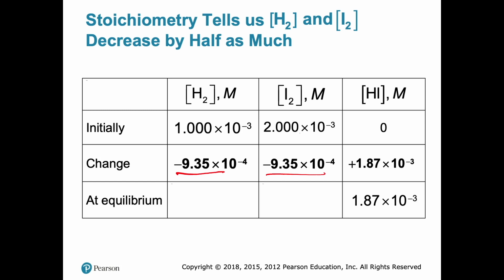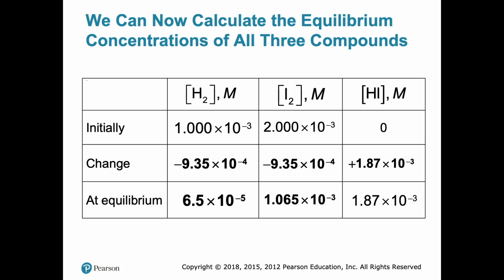And so doing that calculation gets you this. So now you have a completed ICE table that shows you the initial concentrations of the reactants, shows you the change, and then at equilibrium, shows you what the concentration of each is. At equilibrium, the concentration of hydrogen gas is 6.5 times 10 to the negative 5. Iodine gas is 1.065 times 10 to the negative 3.